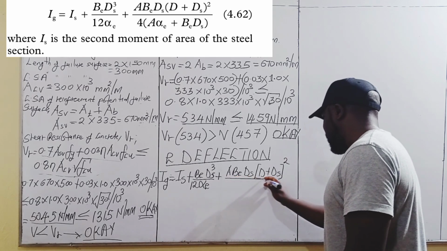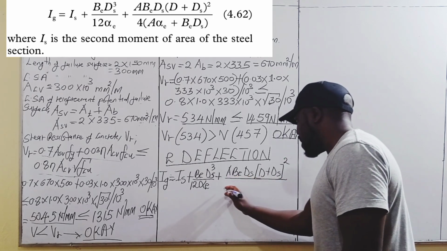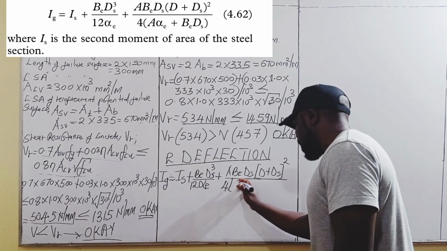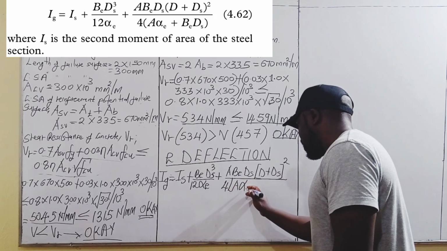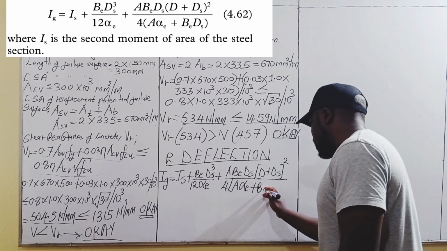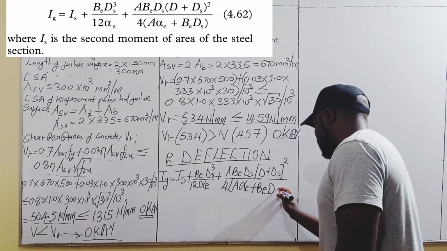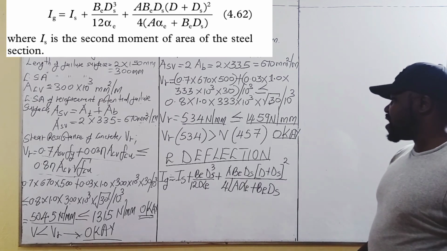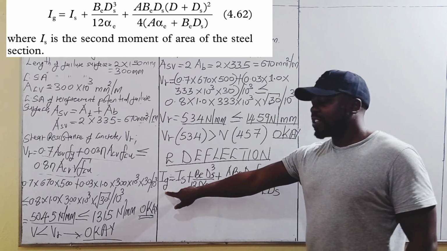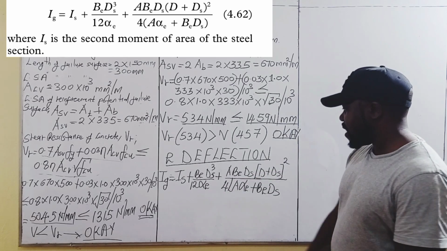Then we divide the whole of this part by 4 into A multiplied by the modular ratio plus BE ds. So that is the formula that is going to give us the gross second moment of area.